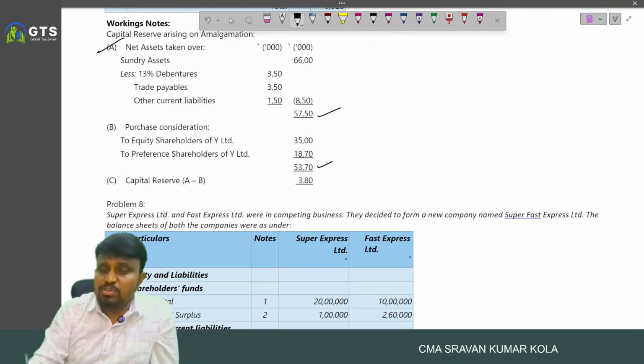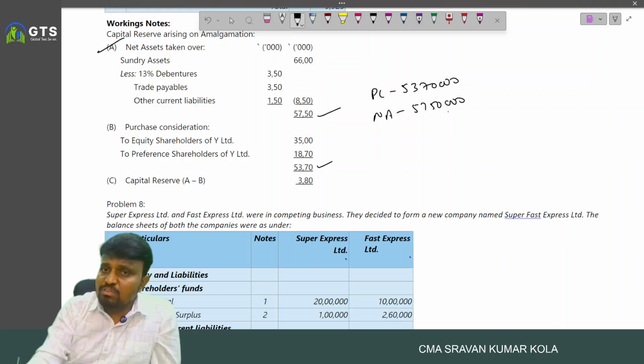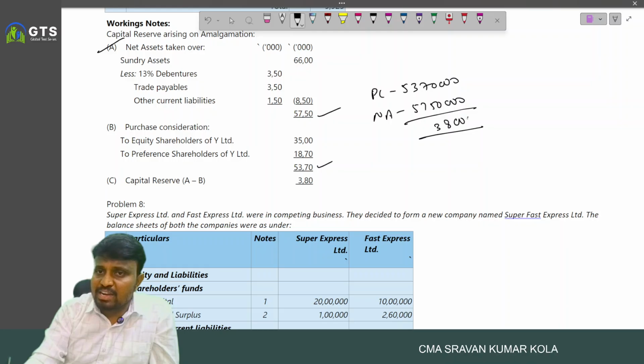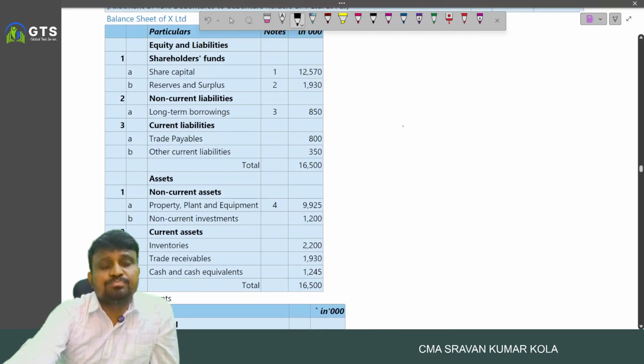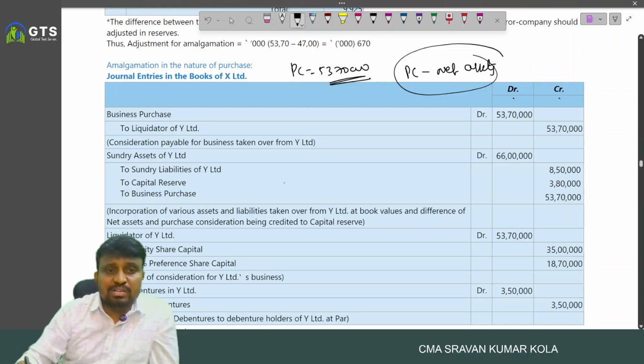And here PC we computed 53 lakh 70,000, and net assets 57 lakh 50, and there is a negative figure of 3 lakh 80,000, and negative means capital profit, and it is transferred to capital reserve.